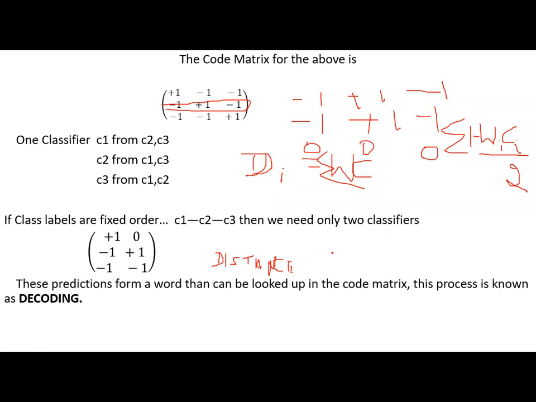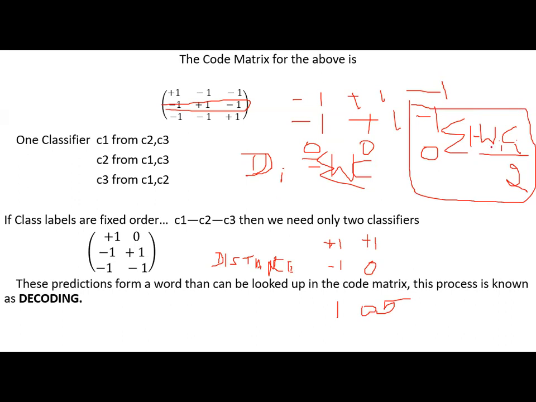Suppose they are not equal, for example, you take +1 and -1. In this case, these two are not equal, so the distance must become 1 at least. For example, if one of the inputs is 0, we have to say this as 0.5. In such a way, you have to select a formula or a model.